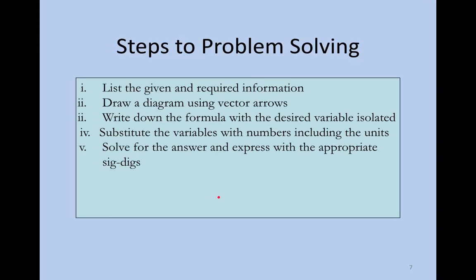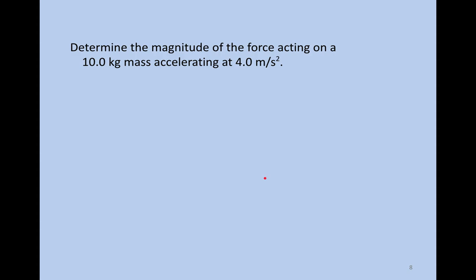You remember the steps to problem solving? We're doing them all except for our diagrams. So let's get started here. Determine the magnitude of the force acting on a 10 kilogram mass accelerating at 4 meters per second squared. Our givens are that they want us to calculate force, so question mark for force. 10 kilograms is your mass, 4 meters per second squared is your acceleration.